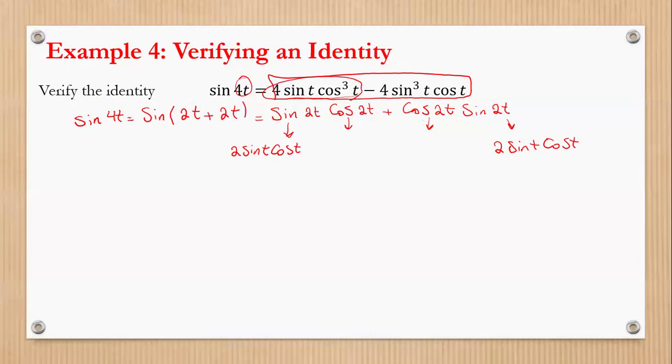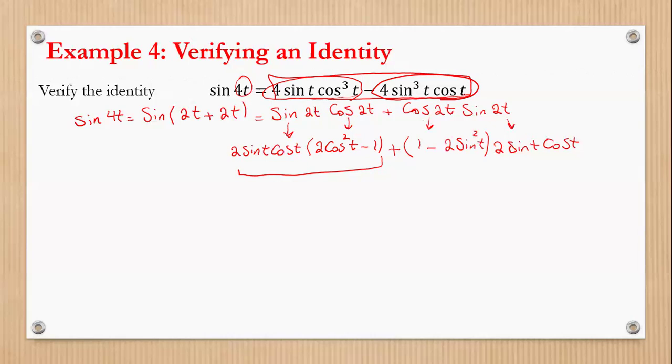So this side has to have only 1 sine with 3 cosines. So it's better to use the one that includes cosine. But my second term has 3 sines with 1 cosine. So I'm going to use the formula for this one that includes more sine, which is 1 minus 2 sine squared.